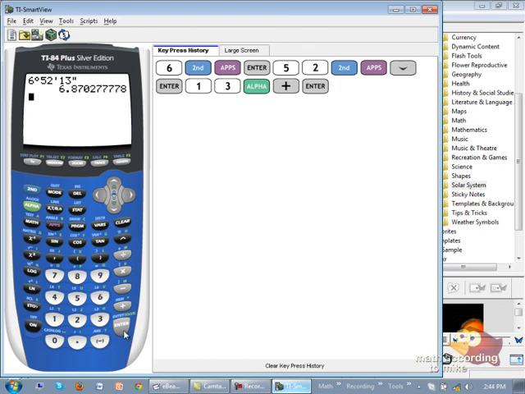All right, hit enter. Bam. 6.87. However, if you're in decimal, what did we have before? We had 36.24. Was it 34?